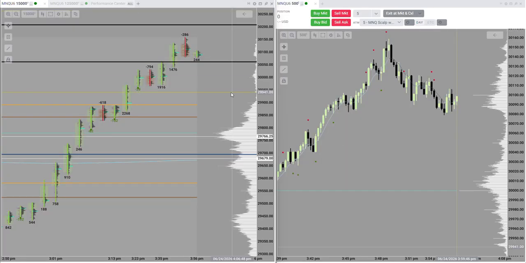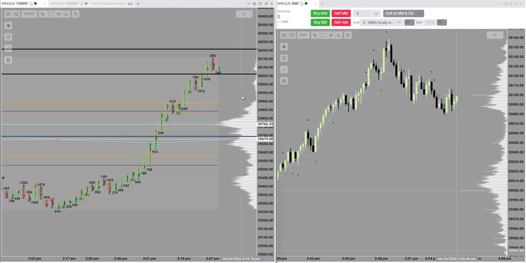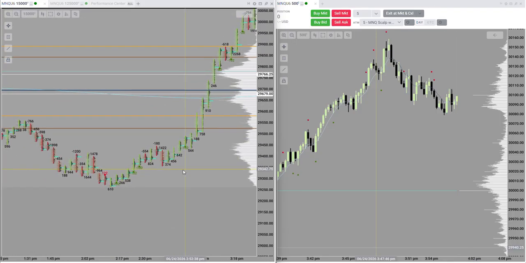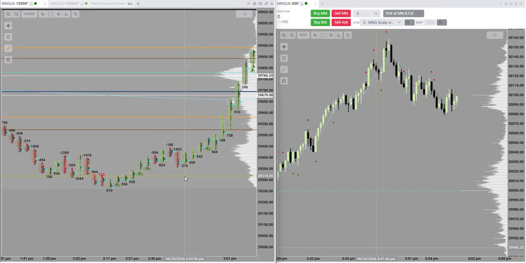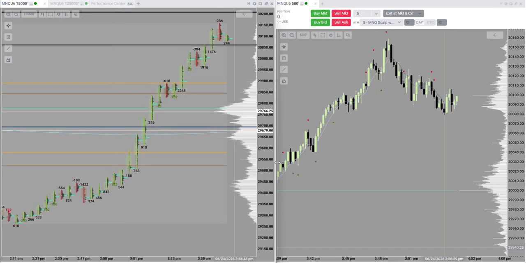All right, now we're coming over and we're looking at kind of my scalping system. So let's see here. How do we do this? How do we break this down? Obviously, levels are important.